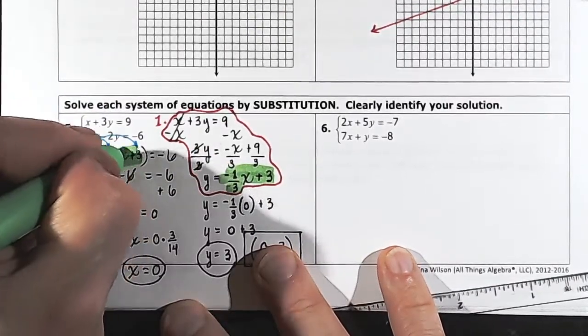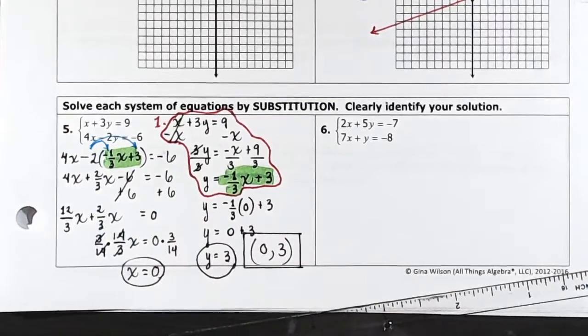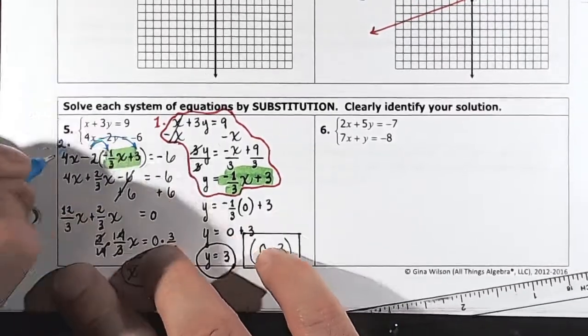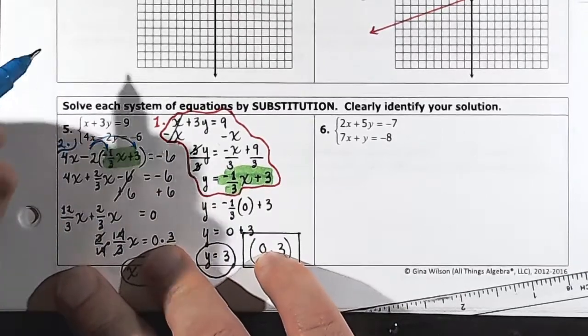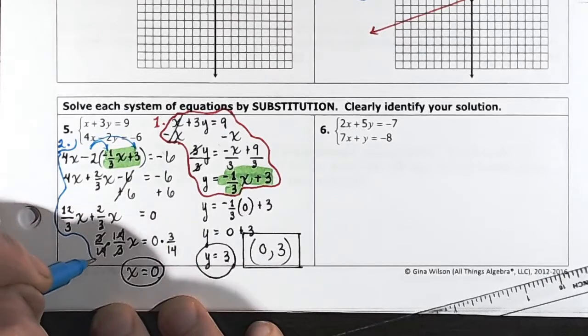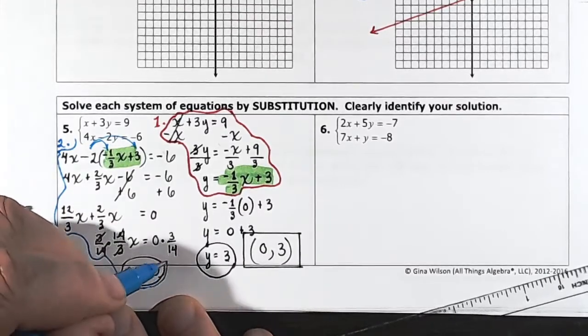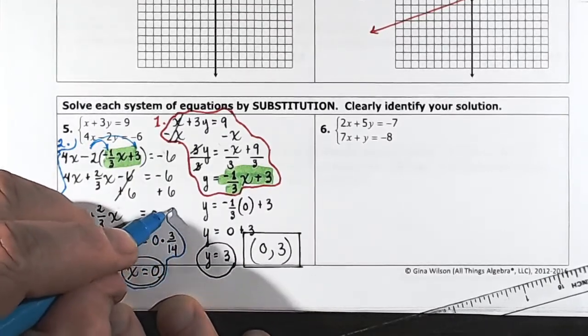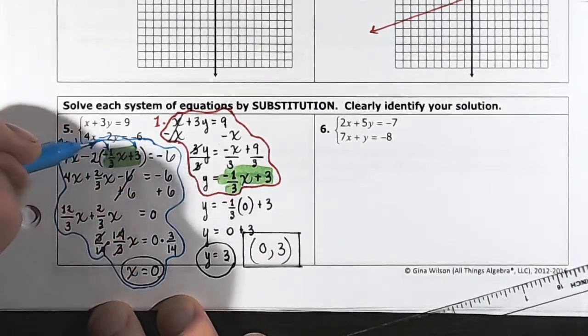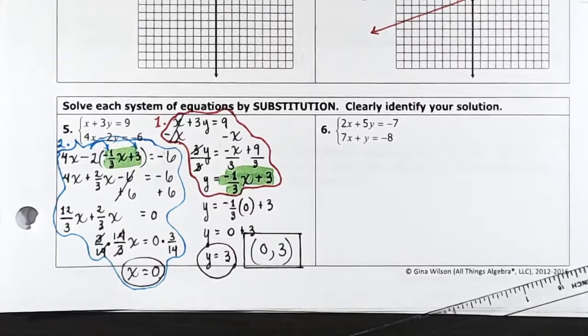That's where this went. And I'll outline step 2 here. I did all this work right here, and I solved for x. Okay, that was step 2.